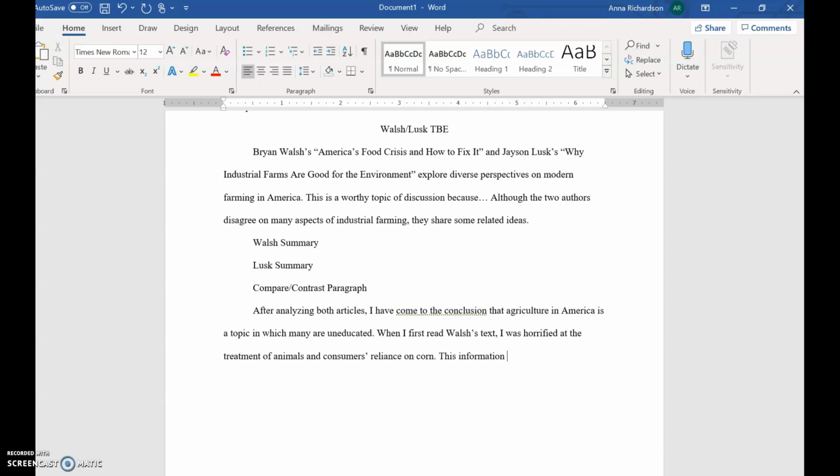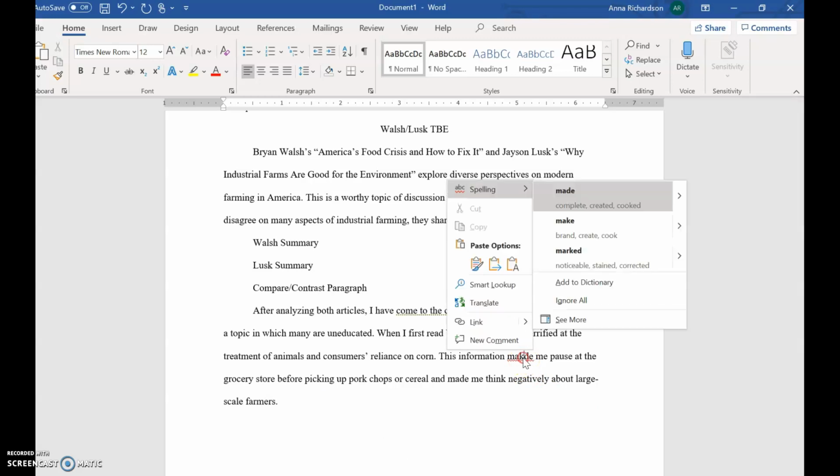This information made me pause at the grocery store before picking up pork chops. Yes, I said pork chops. Or cereal. And made me think negatively about large-scale farmers. Okay, so that was my initial reaction when I read Walsh.